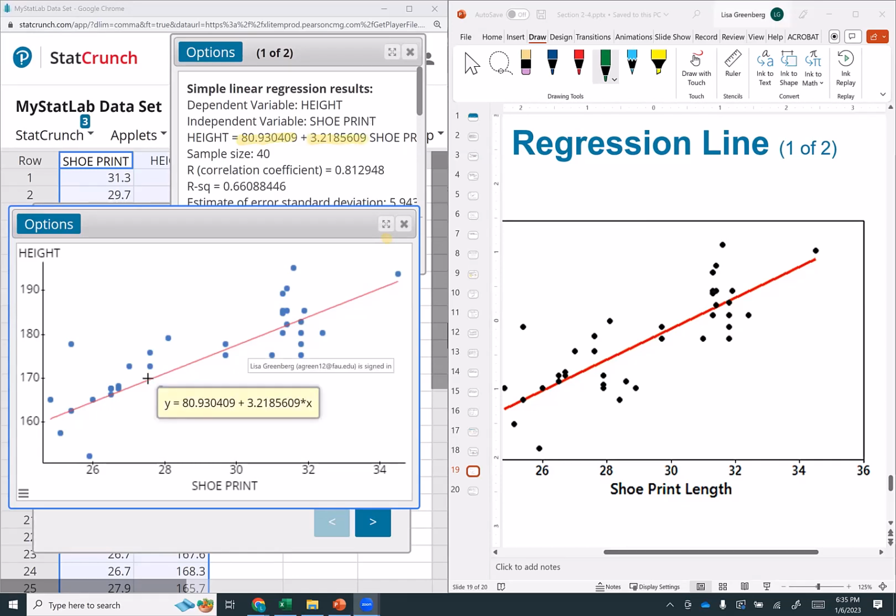There's our intercept and our slope. And they're saying that the height, which is our y, there's our y, is equal to 80.93 plus 3.21 times, we said times x, they said times shoe print. Our shoe print is our x.